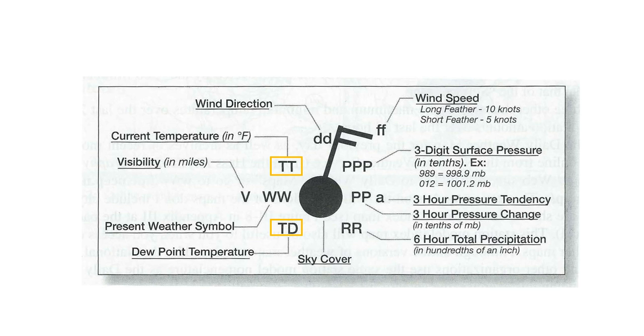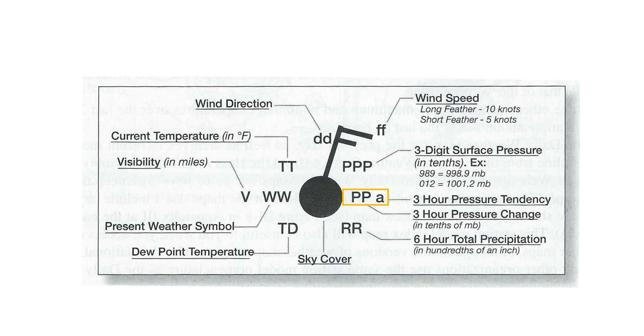The third item to cover on this station model is information pertaining to pressure. More specifically, current surface pressure and the 3-hour pressure change. The 3-hour pressure change is found centered to the right of the station model and is an important item for determining what has occurred in the area with respect to pressure.